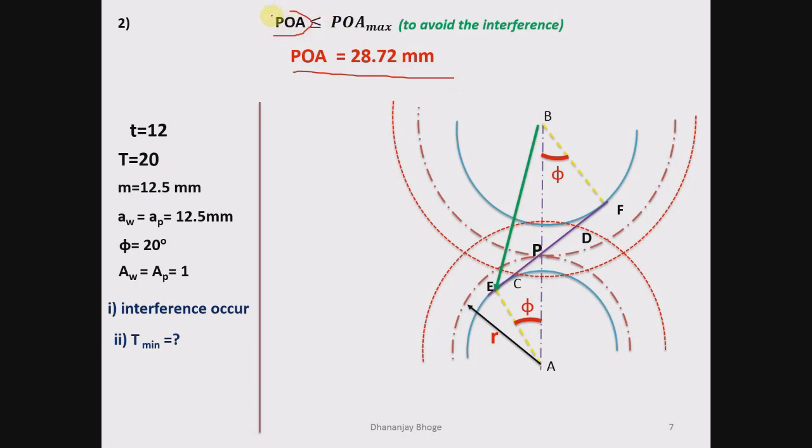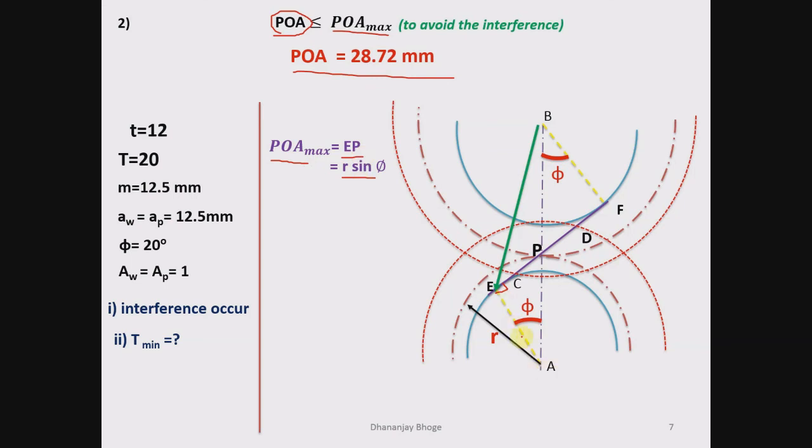Path of approach is 28.72, correct? We have determined the left hand side. At the right hand side, what is the maximum value of path of approach? It is PE, correct? And PE from triangle AEP, काय असेल, R sin of phi. So write down this: path of approach, its maximum value is equal to EP.